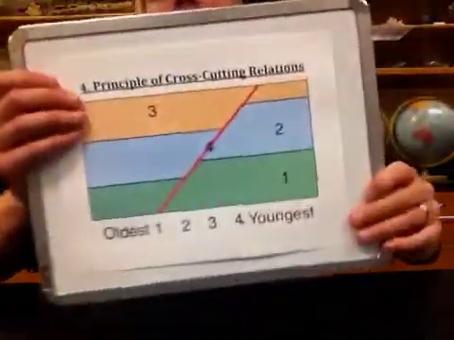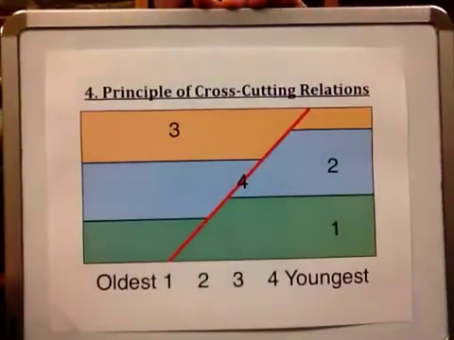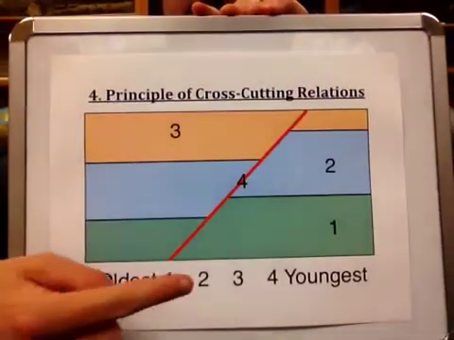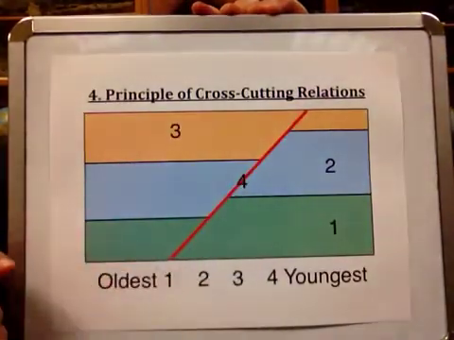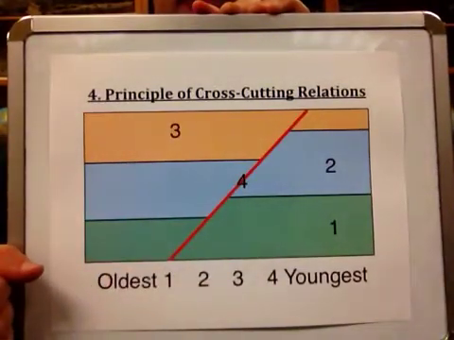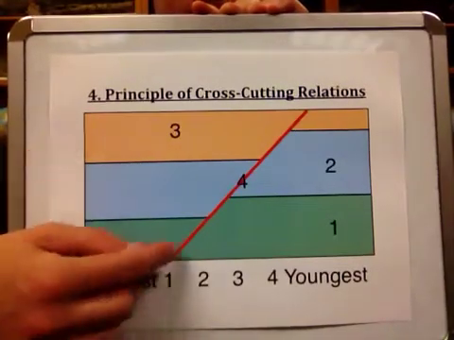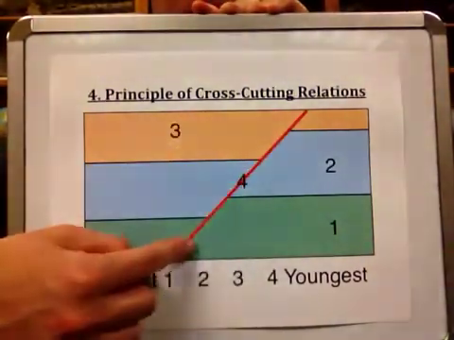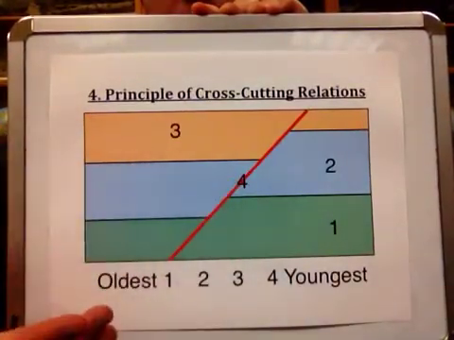Which leads us into our next principle, which is the principle of cross-cutting relations. An important note to make for this one is that which cuts, which for us in this image is a fault, is younger than that which it cuts through. So for this image, the fault is doing the cutting, so it must be younger than the rocks which it is cutting through.